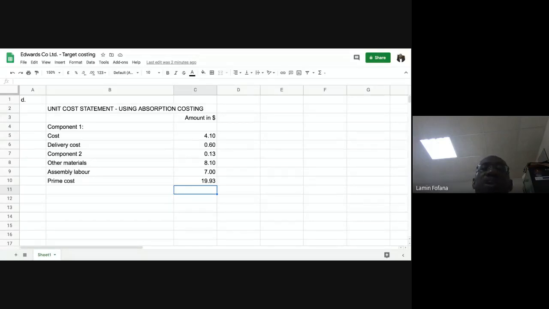If they are semi-variable, then they are not fixed, they are not variable. They are part fixed, part variable, and as such, you need to separate the fixed part from the variable part. Simple. How do we separate it?